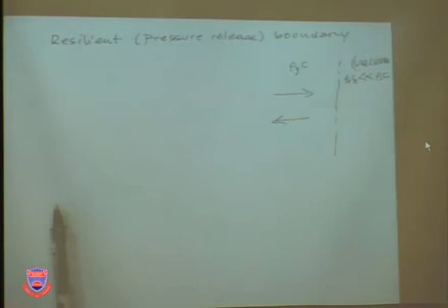Now this condition is similar to having water on the side and air on the other side, okay? It's almost like vacuum. The key point here is the boundary condition.